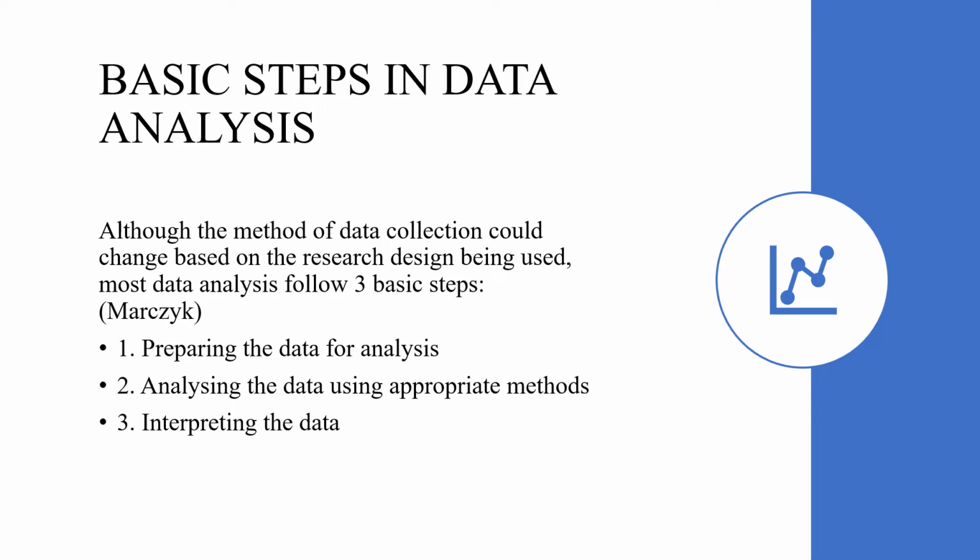Basic steps in data analysis. Although the method of data collection could change based on the research design being used, most data analysis follows three basic steps: preparing the data for analysis, analyzing the data using appropriate methods, and interpreting the data.